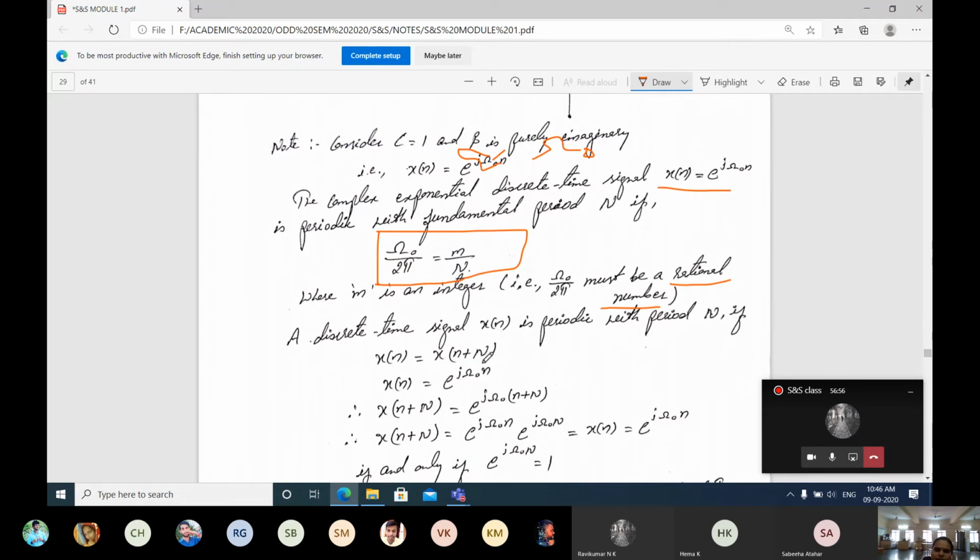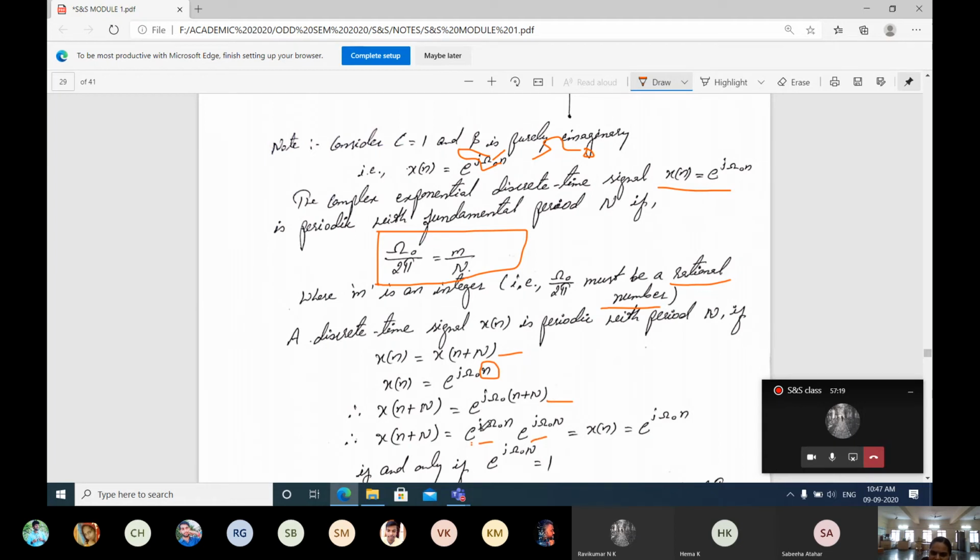Then I will take the periodic condition, that is x of n is equal to x of n plus capital N. Again, x of n is what we have taken, e raised to j omega naught n. Then substitute here n plus capital N, and again bifurcate this equation.